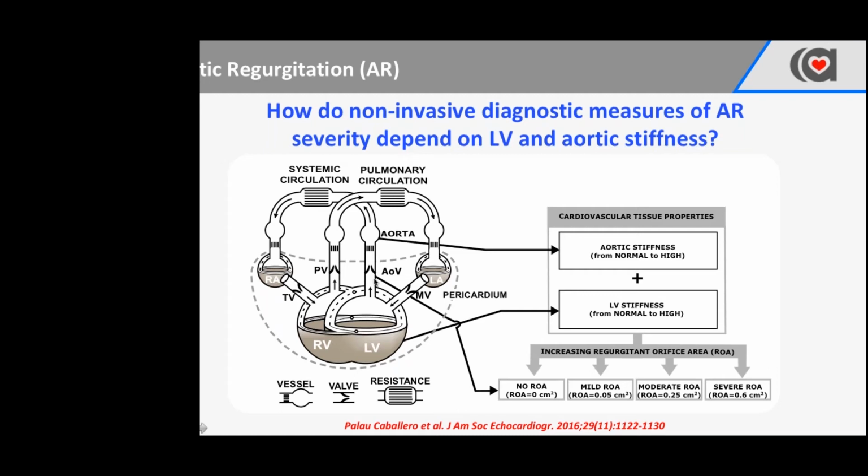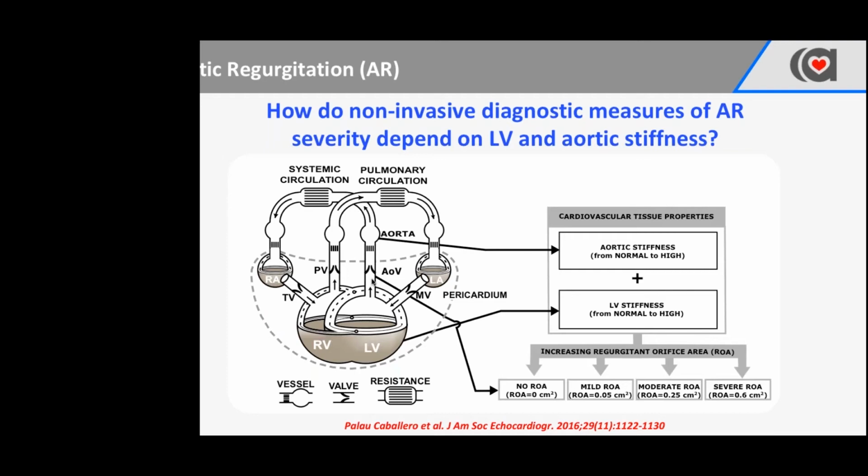What they normally do is measure the velocity across a stenosis, or the regurgitant flow pattern, but in real life you cannot take into account what the aortic stiffness or left ventricular stiffness would do, because you don't have measures of that.